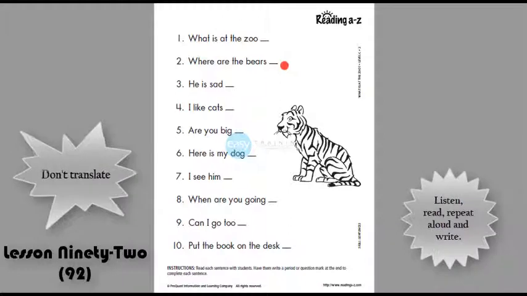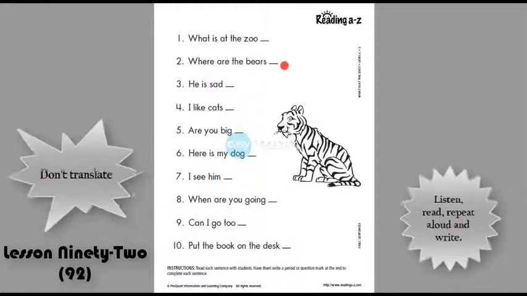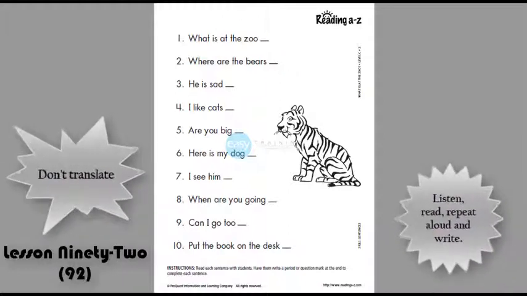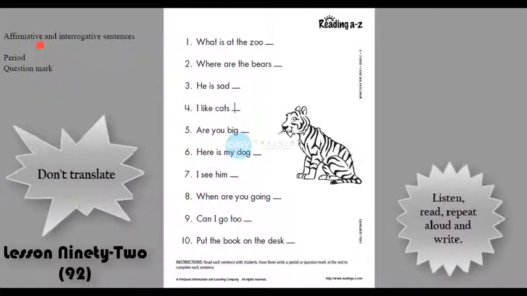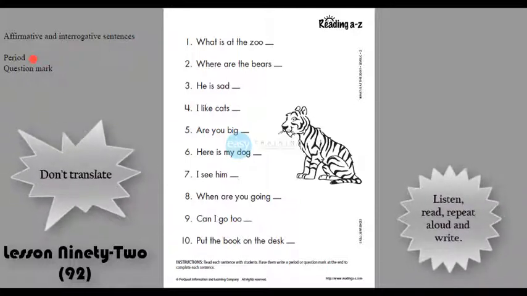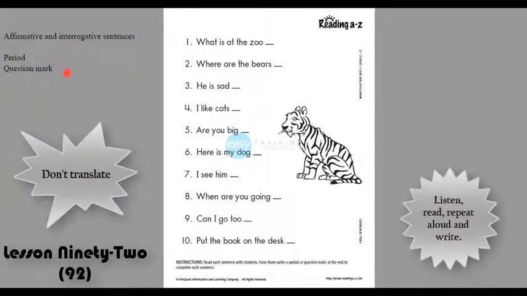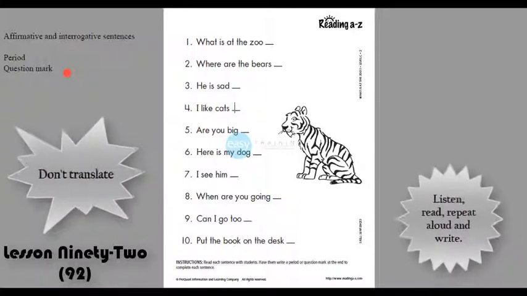Let me write these words that are new to you, I suppose. Here, affirmative and interrogative sentences, period, and question mark. If a sentence is affirmative, you complete it with a period.